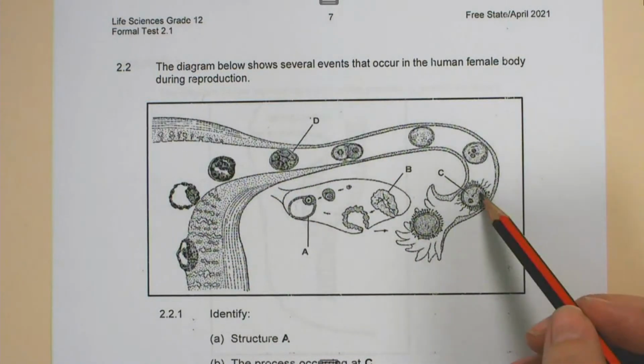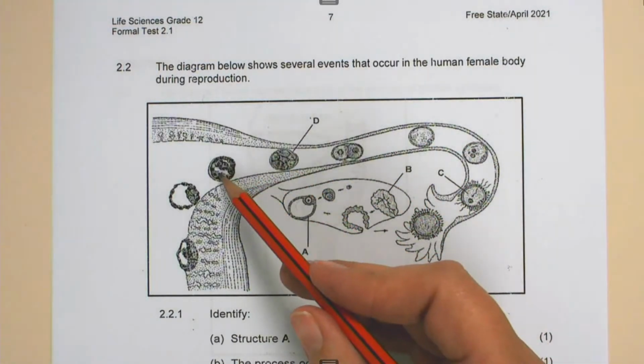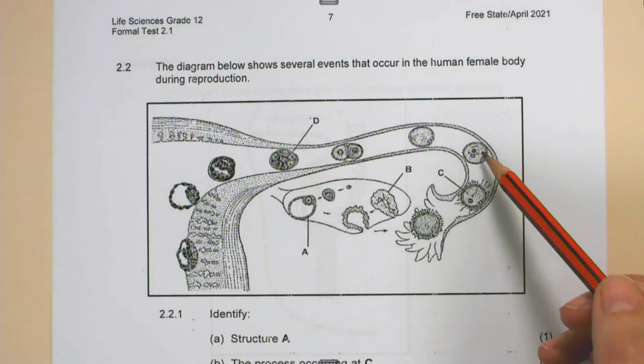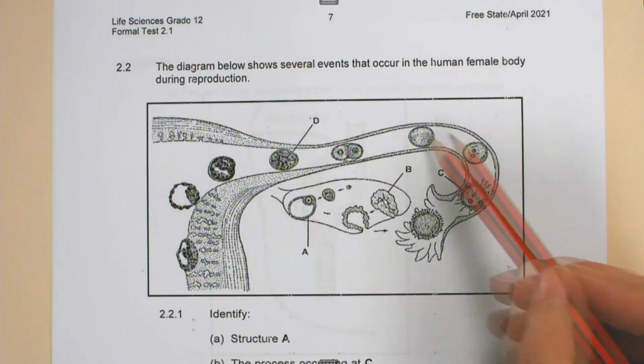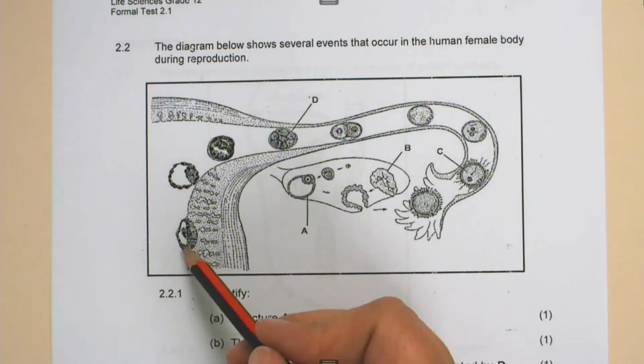So after fertilization has taken place, we have these different shapes of the zygote, which will develop further in the different stages before implantation will take place into the endometrium wall.